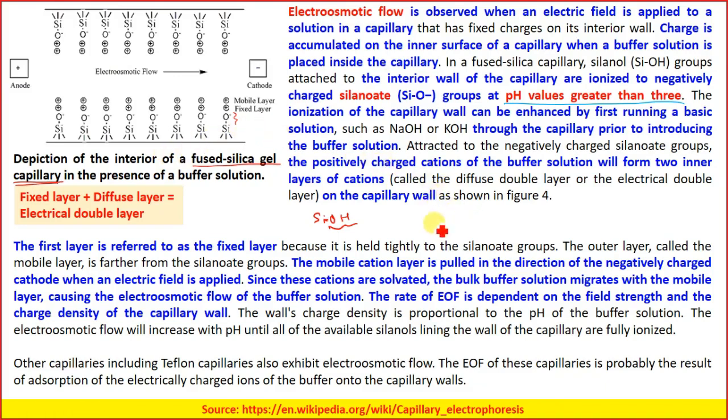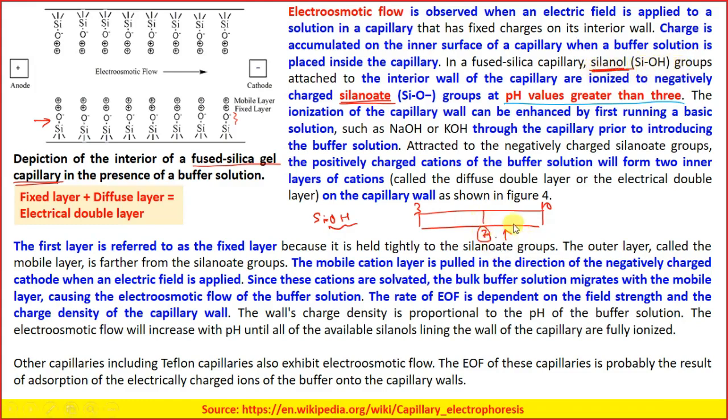So when we keep the pH towards the higher side, say suppose this is 3 and this is 10, and in between we have 7, this OH group becomes an O minus group, which is regarded as the silanoate group. And the OH group near pH 7 is the silanol group, SiOH.